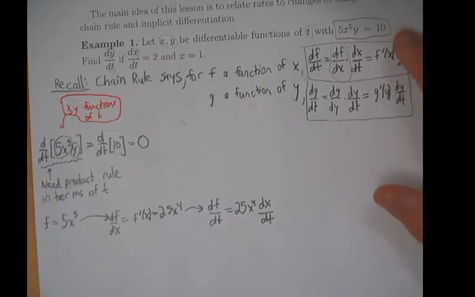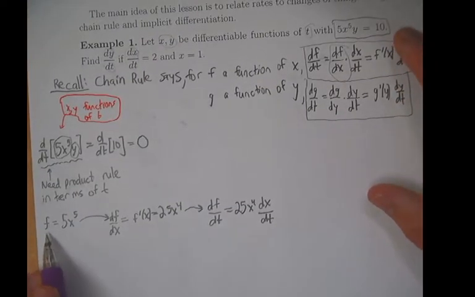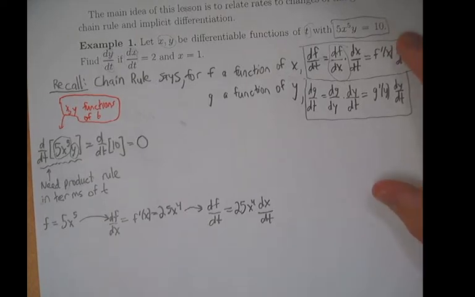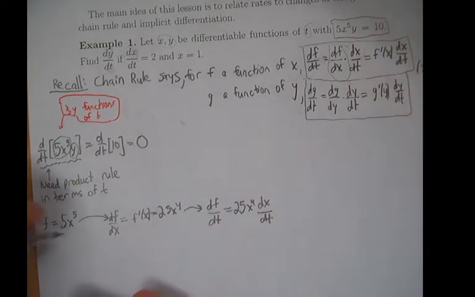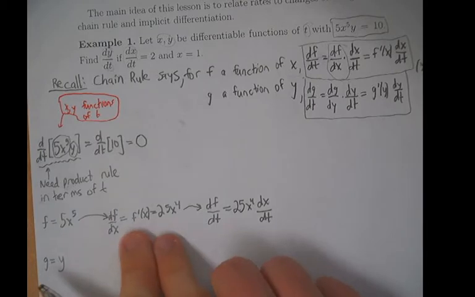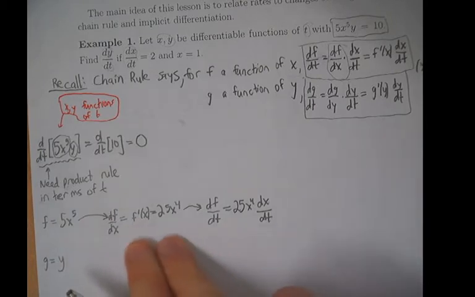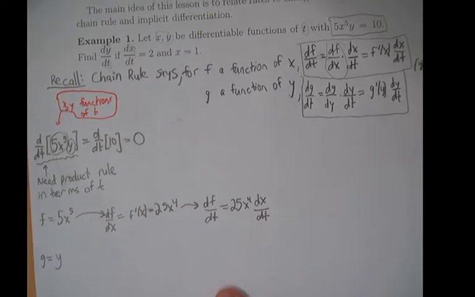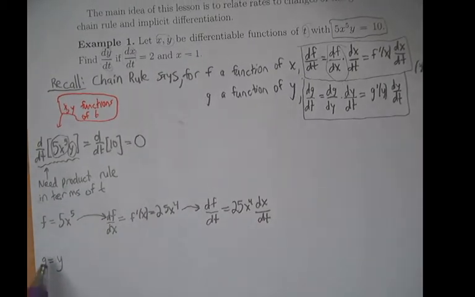So that's ultimately the derivative of f with respect to t here. Okay? So now let's do the same thing with y. So if we let g equal y, then if we apply the same procedure that we just did here, going from f to df dt, what would that tell you about what dg dt is? Taking the derivative of g with respect to t.